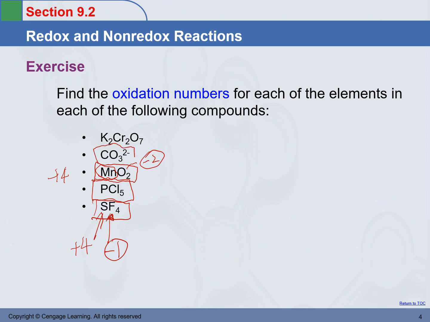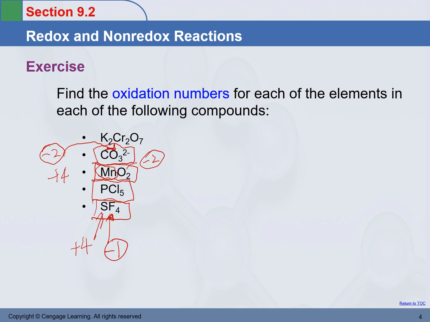Carbonate ion follows rule number 7. All the oxidation numbers together will be -2. Again, in this case, we work on oxygen first. Why? Because we know oxygen is -2. How do you know that? Rule number 5 tells us oxygen is always -2 unless it is in a peroxide.